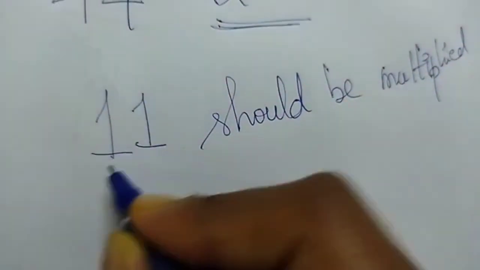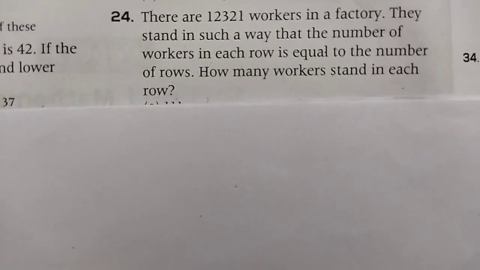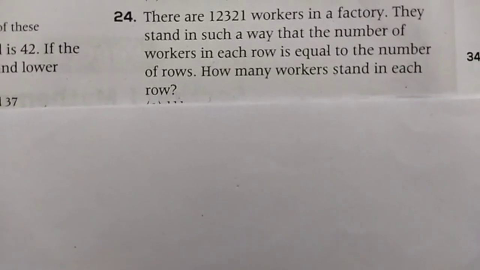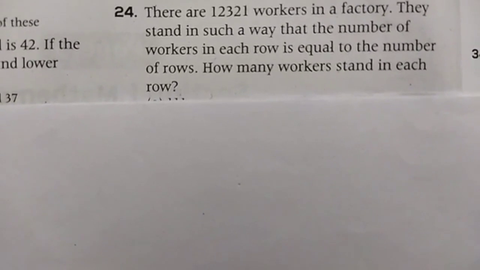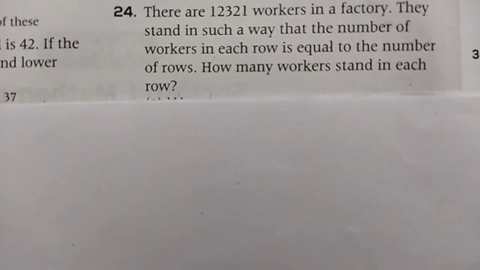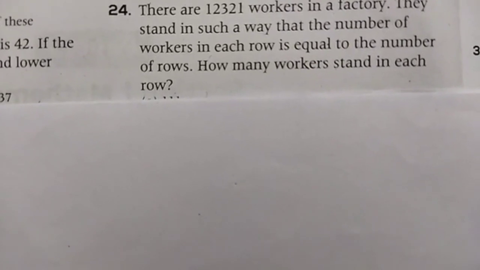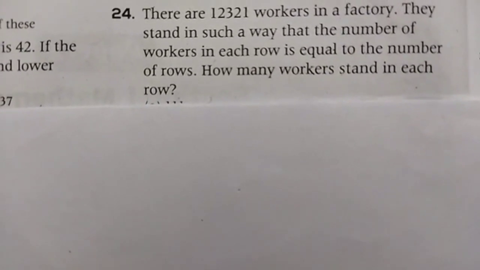Okay, let's go to the next sum. There are 1, 2, 3, 2, 1 workers in a factory. They stand in such a way that the number of workers in each row is equal to the number of rows. How many workers stand in each row? So there is a factory, and there are people standing in that factory.